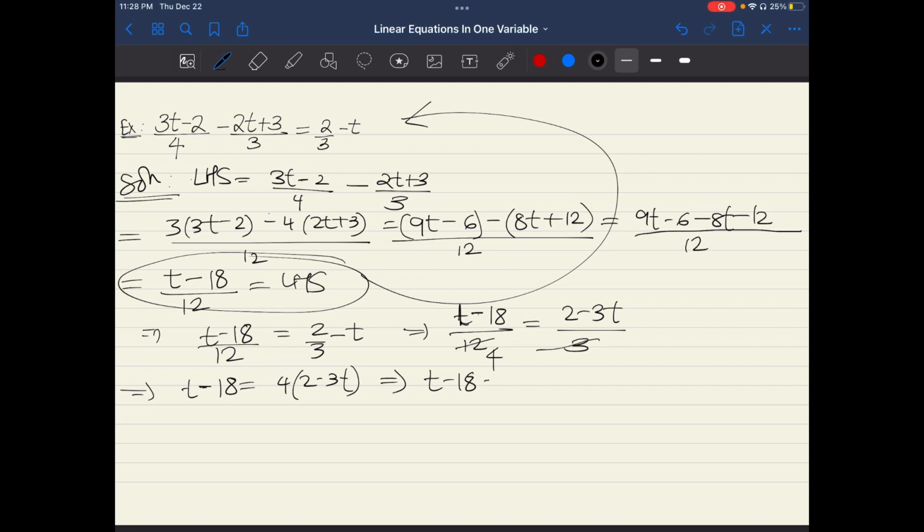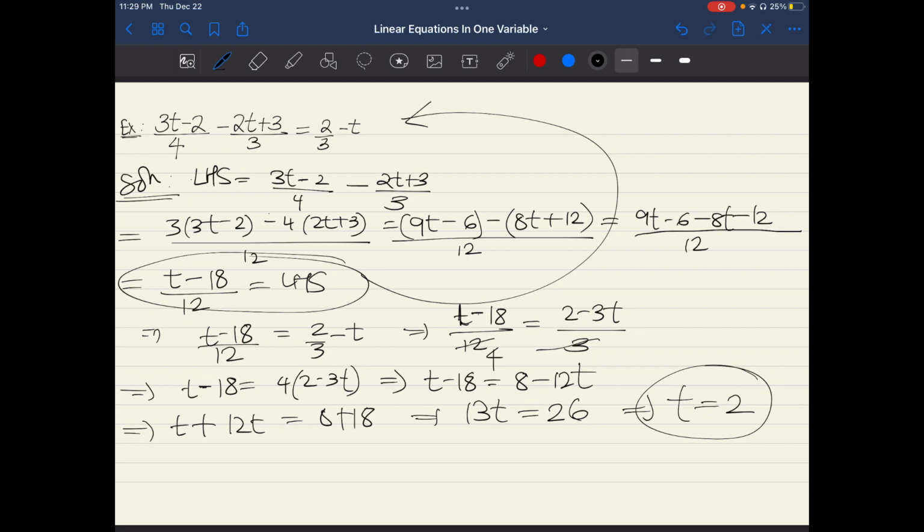T minus 18 equals 8 minus 12t. Moving t's to one side and the numbers to the other, we get t plus 12t equals 8 plus 18, which is 13t equals 26, which implies t equals 2 in this case.